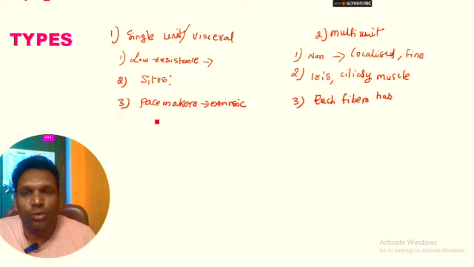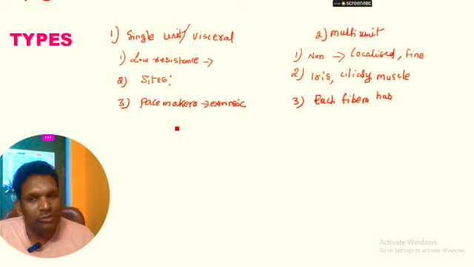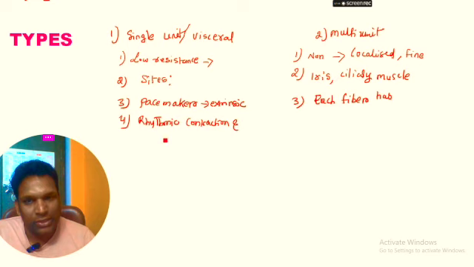In the multi-unit muscle fibers, when a stimulus is applied, repeated firing of the action potential develops irregular tetanic contractions.